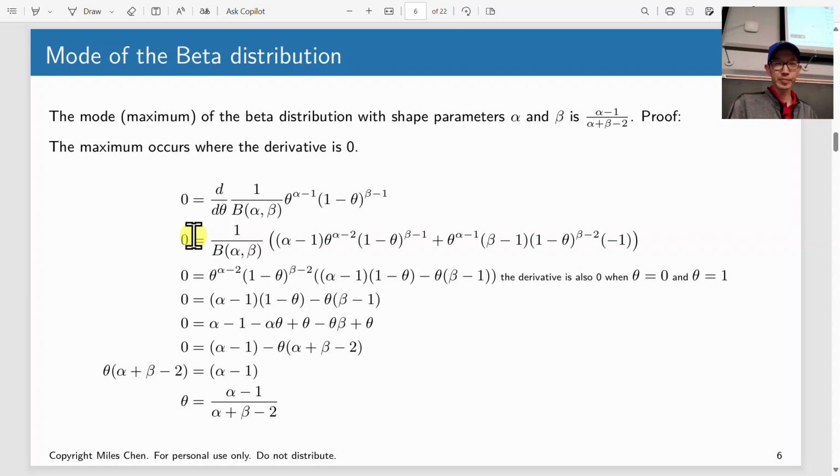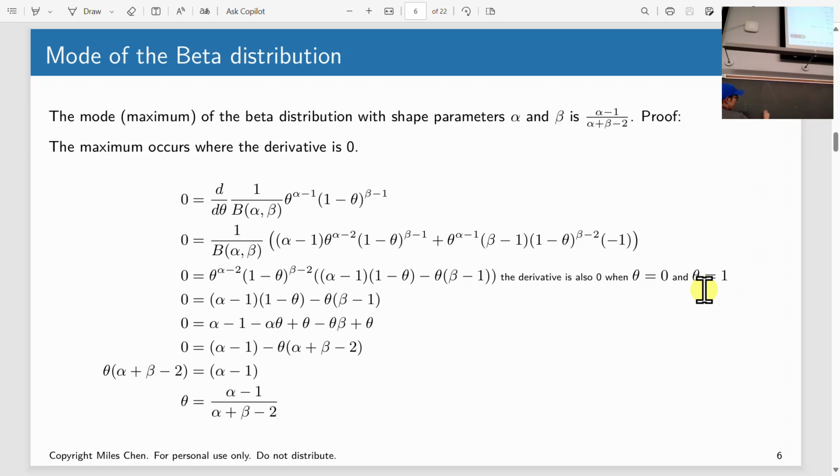And then we're going to set this whole thing equal to 0, and we want to solve where everything is equal to 0, okay? Now, the trivial cases: when we set this equal to 0, the derivative is equal to 0 when theta is equal to 0 and when theta is equal to 1. Okay, because if you think about what all of your beta functions look like, they basically go from 0 to 1, and you've got a derivative of 0 over here and a derivative of 0 over there, and then we're really also looking for where the derivative is right here.